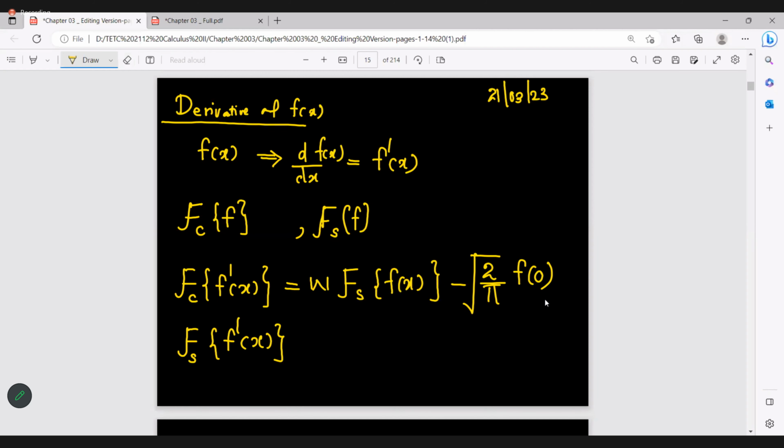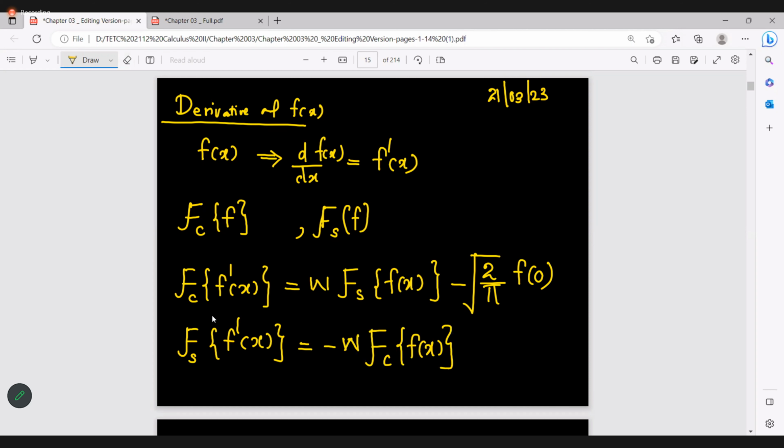And the second one, the Fourier sine transform of f dash x, equals minus w times the Fourier cosine transform of f of x.